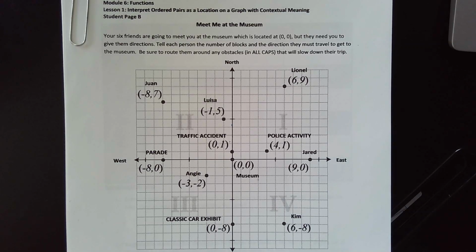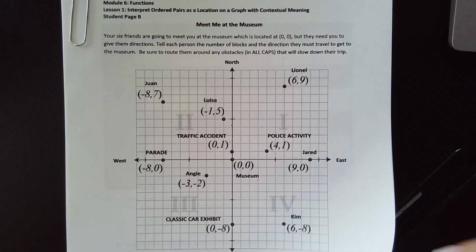But they need you to give them directions. Tell each person the number of blocks and the directions they must travel to get to the museum. Be sure to route them around any obstacles, which are in all caps, that will slow down their trip. So let's find the museum, which is at 0,0.